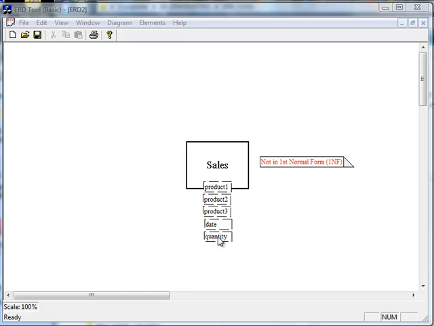And the reason is because the quantity is not dependent upon the sales ID, but rather upon the product ID. Remember that the primary key for sales is going to be the sales ID or sales number.